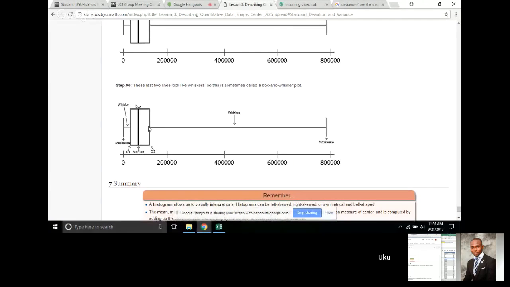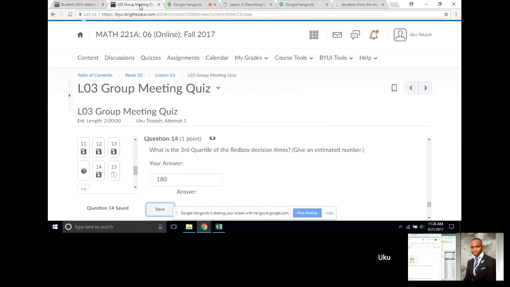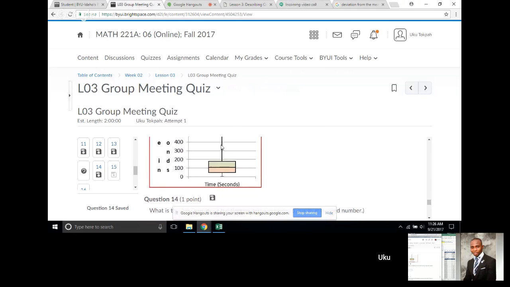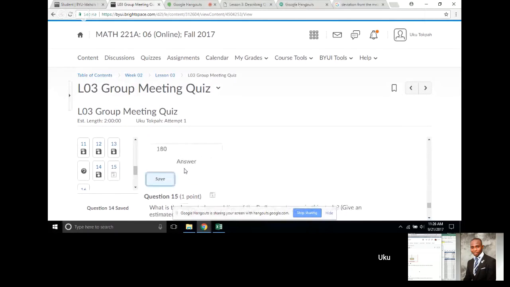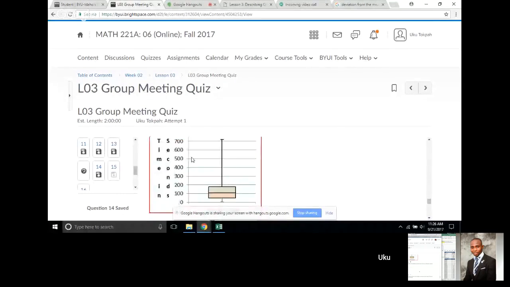Okay. And minimum, then quartile, whisker. So if you come back to the question right here, whisker, median. Yeah, so this right here will be the third quartile. So I don't know, 180, 190, wherever. I said 180 because it seemed really close.